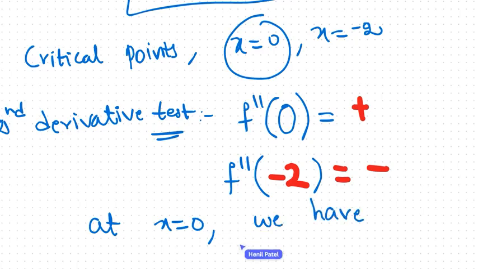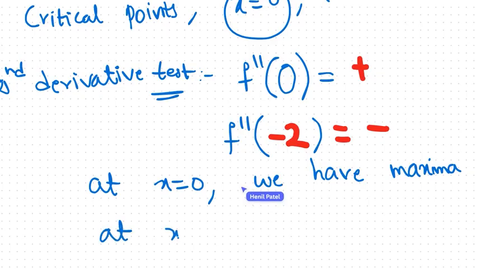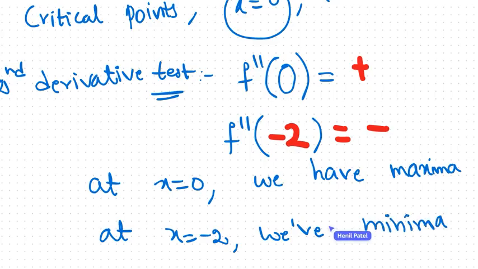At x is equal to 0, we have a minimum. At x is equal to minus 2, we have a maximum. Whatever comes out negative is a maximum and whatever comes out positive is a minimum.